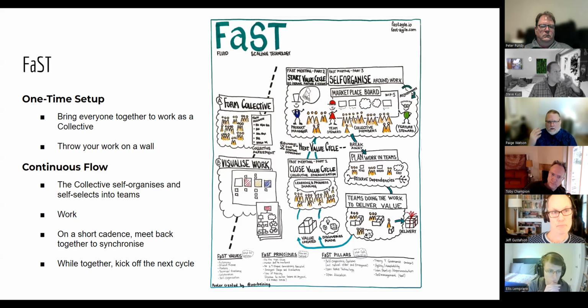Here's the work we're doing, here's the work that we expect, here's our team charter, here's our working agreements, all that sort of thing. Visible communication. It's really about communication. And then we would self-organize and self-select into teams, do the work on a very short cadence. We'd meet back together to synchronize, and while we were synchronizing, we would kick off the next cycle.